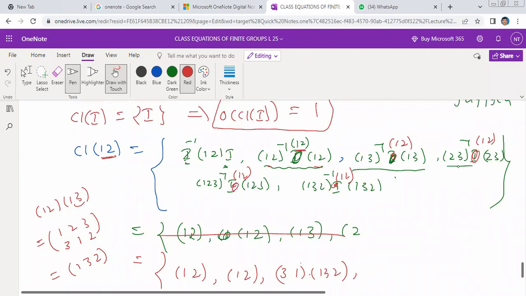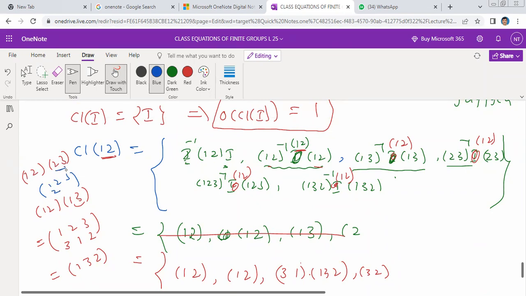Next one, look at this one. 2 3 inverse means 3 2. What is 1 2 2 3? This is my permutation. This is equal to, yeah, the domain is 1 2 3. Start from right to left. 2 goes to 3, 3 goes to 3. 3 goes to 2, 2 goes to 1, so 1 goes to 2.